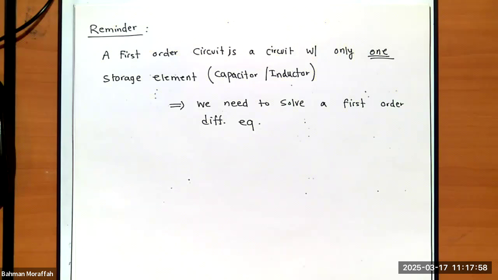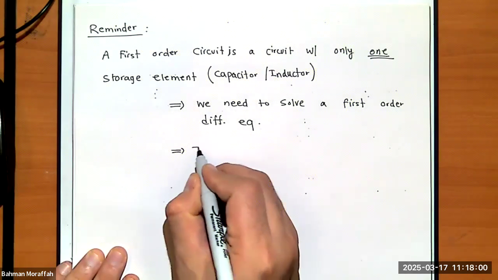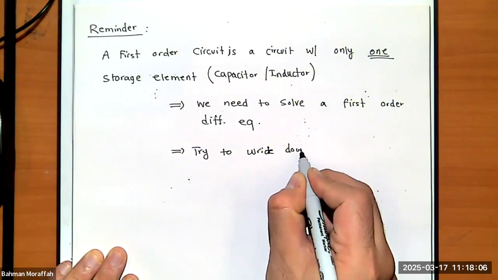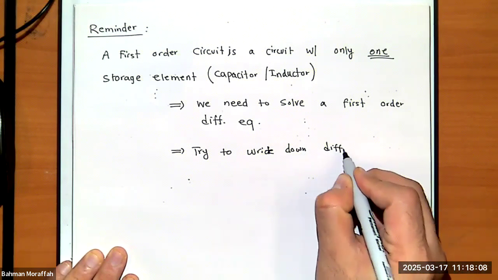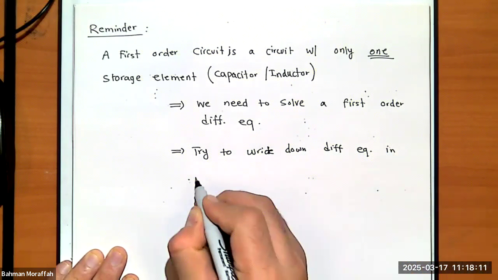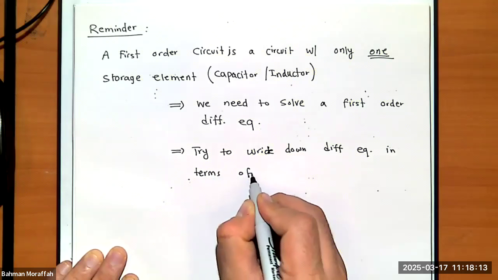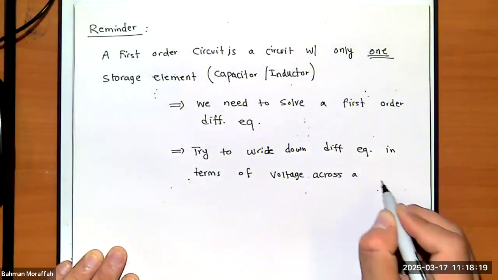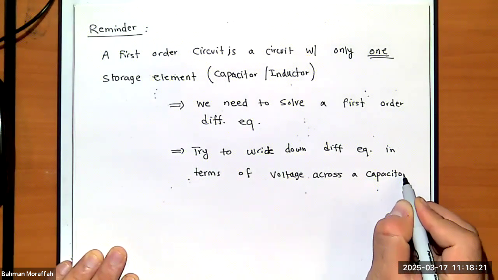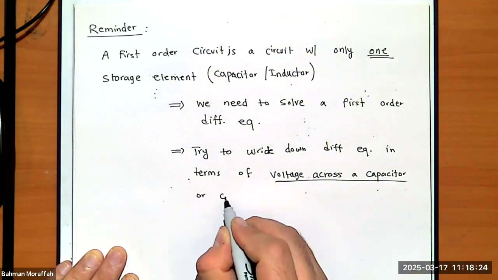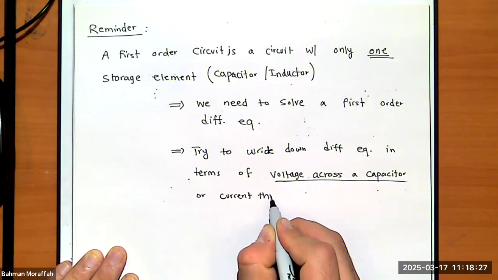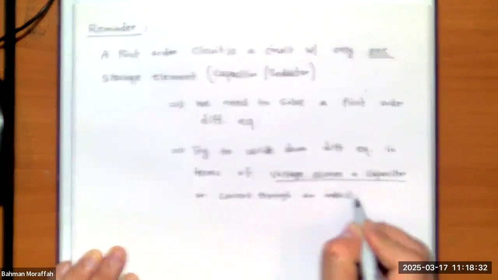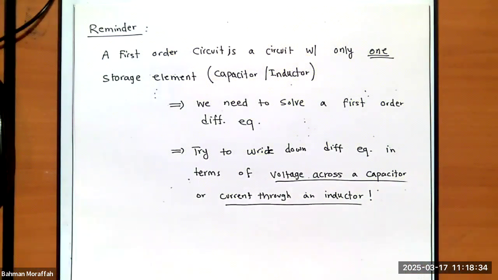So we said we try to write down differential equations in terms of voltage across a capacitor or current through an inductor, right?